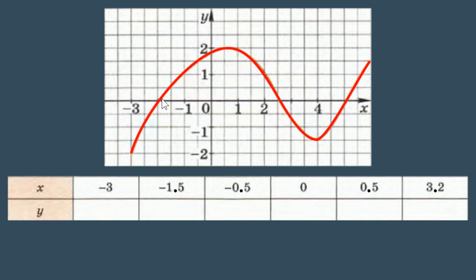In this example, you need to find the value of the function according to the function graph. On the x-axis from the point -3, we draw a perpendicular to this axis until the intersection with the function graph, and we draw a perpendicular to the y-axis, and we get the value -2. We have 2 cells corresponding to 1 on the axes x and y.